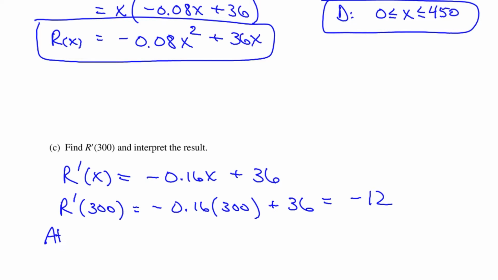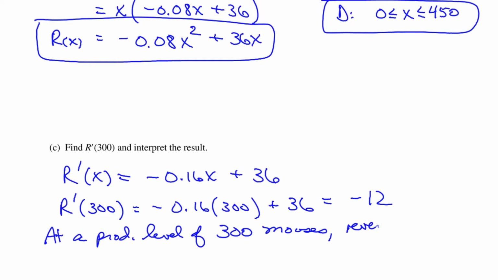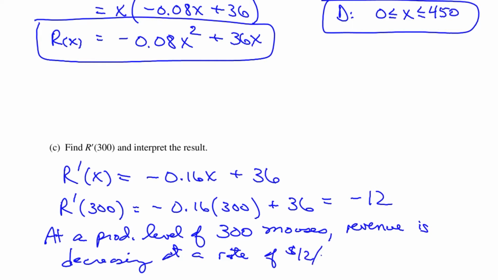And the interpretation is at a production level of 300 mouses, revenue is decreasing at a rate of $12 per mouse.